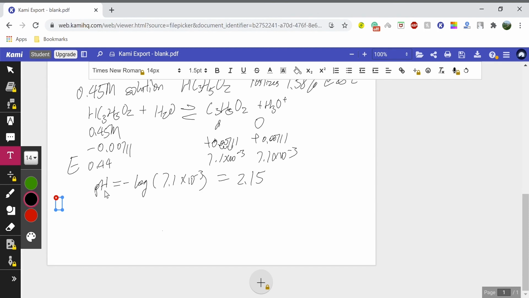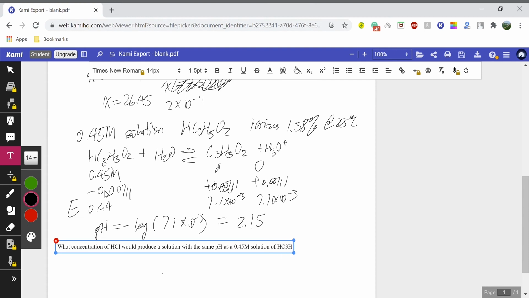Now there is a follow-up to the question: what concentration of HCl would produce a solution with the same pH as the 0.45 molar solution of HC3H5O2?